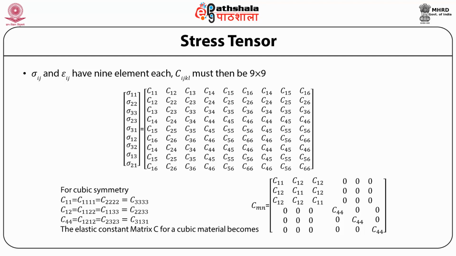Now with these simplifications, the elastic constant matrix C for a cubical material becomes as shown in this, that is CMN is of this form.